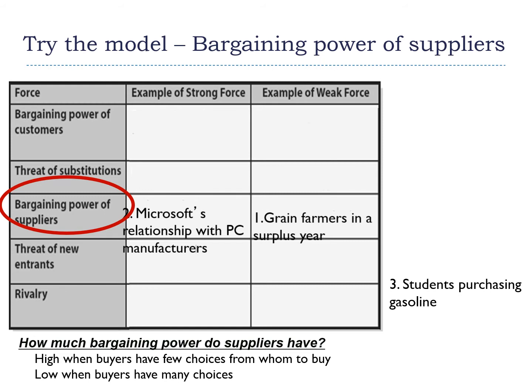However, if the area has very few gas stations, the gas station will be the strong force because students have few choices. So for this one, students purchasing gasoline, you can either put this into the strong force cell or the weak force cell.